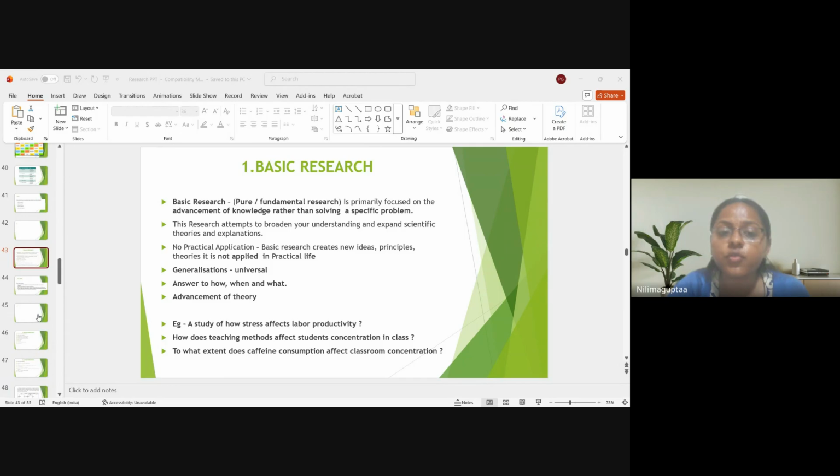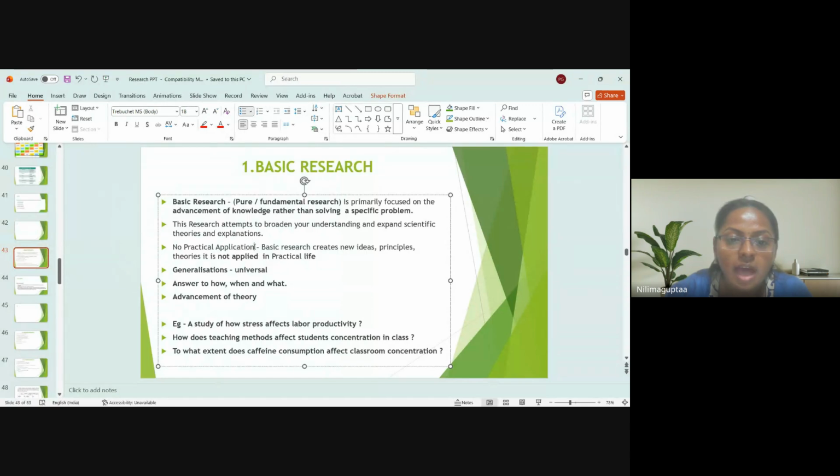So this research's focus is to create a theory rather than to focus on solving any particular problem. The research attempts to broaden your understanding and expand the scientific theories and explanations. Very important: there is no practical application of this research. It is just concerned with making a theory.